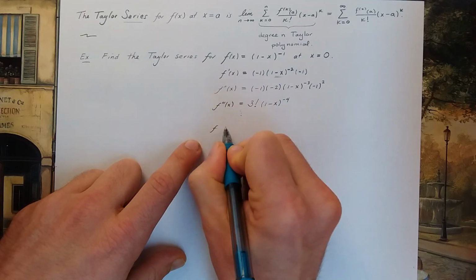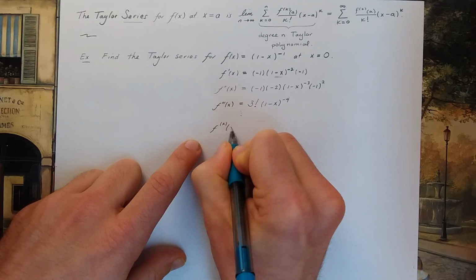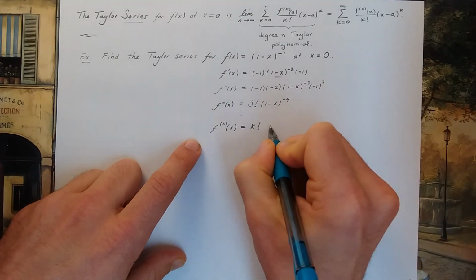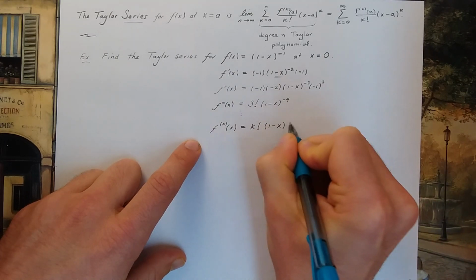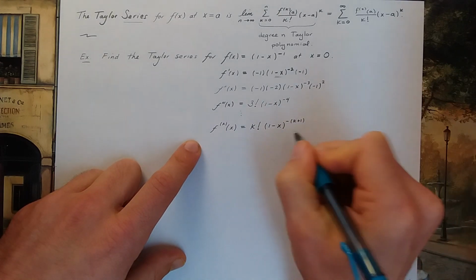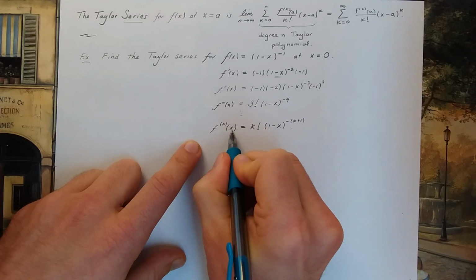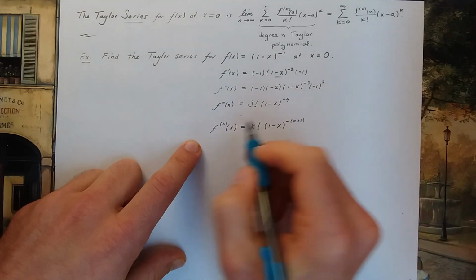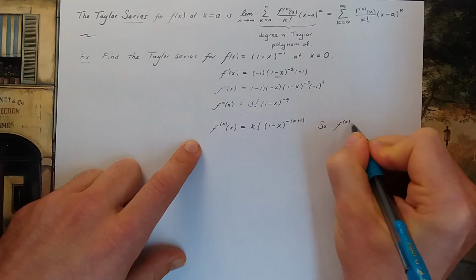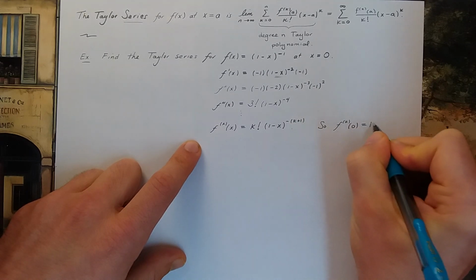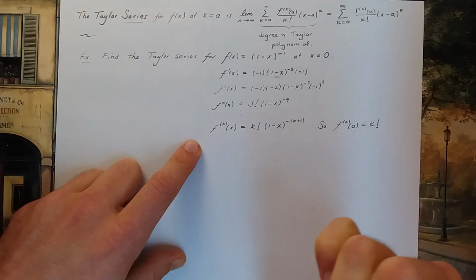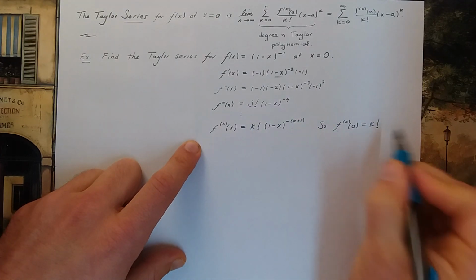In general, if I take k derivatives, I will find k factorial times 1 minus x to the negative k plus 1. So that means if I plug in 0, my a value, I get k factorial. So plugging in x equals 0 gives me 1 to some power times k factorial.